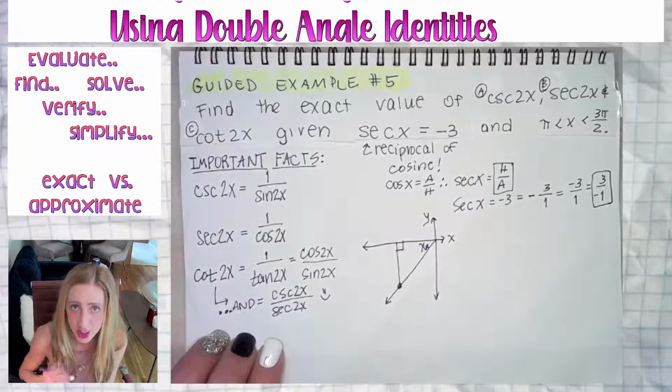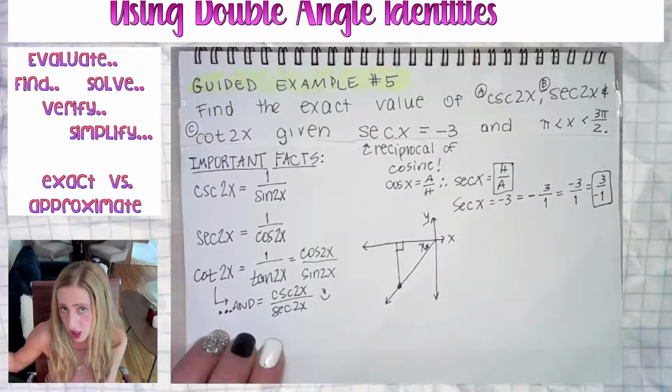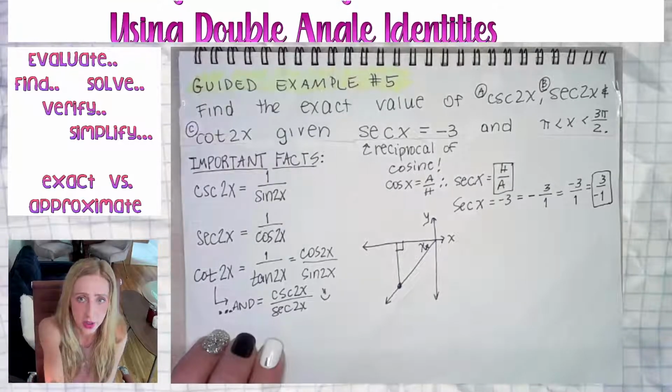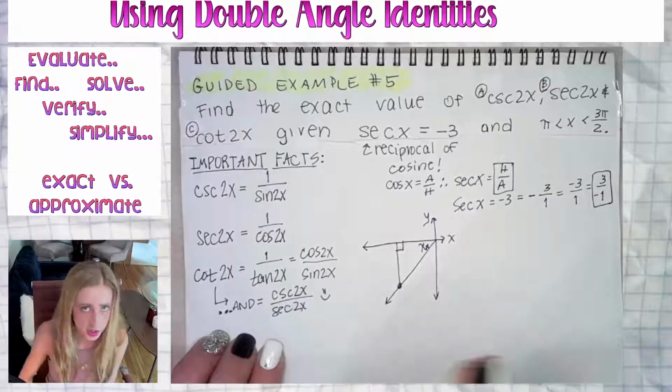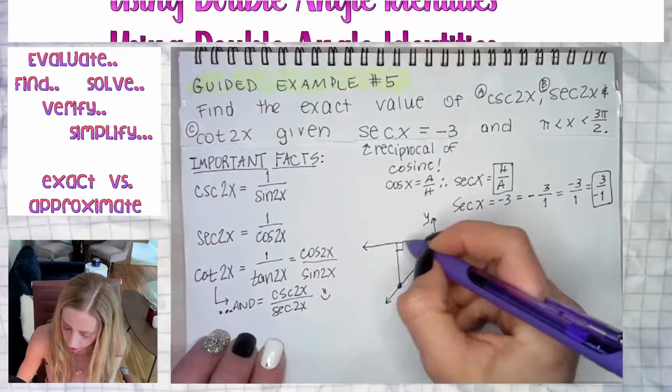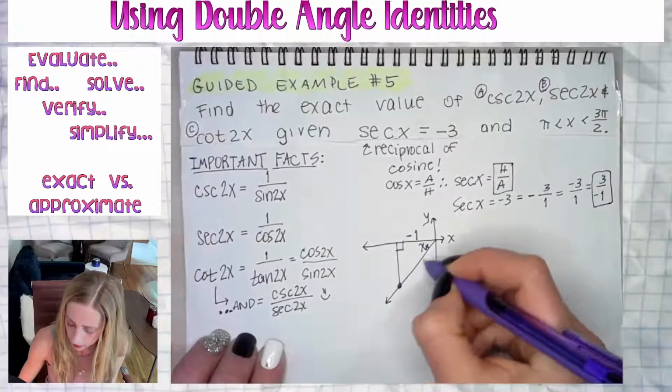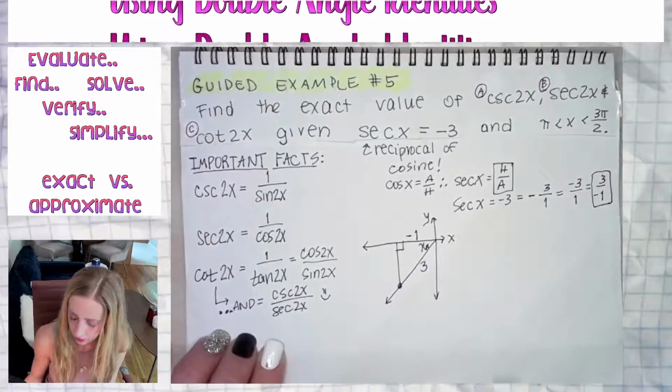Adjacent is touching the angle. It is adjacent to it, it's touching it, and the opposite is completely diagonal from it, not touching it. So adjacent is here. That's going to be our -1. Hypotenuse, of course, is out there. That's going to be our 3.